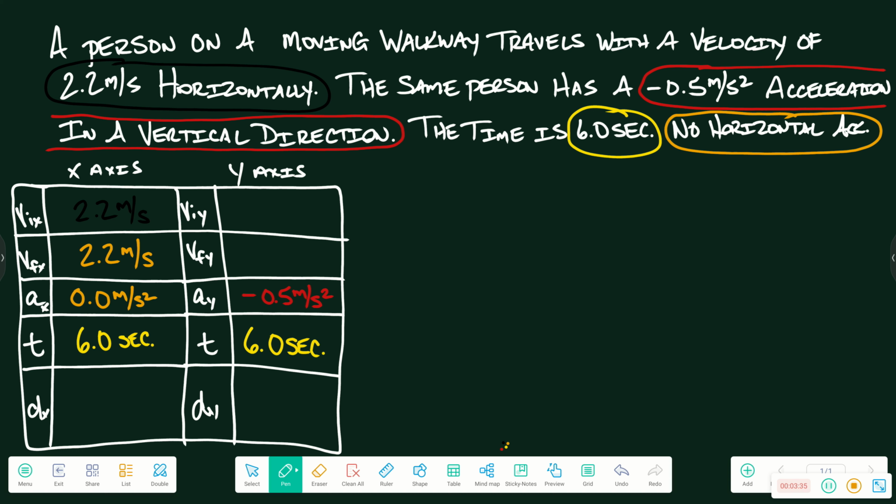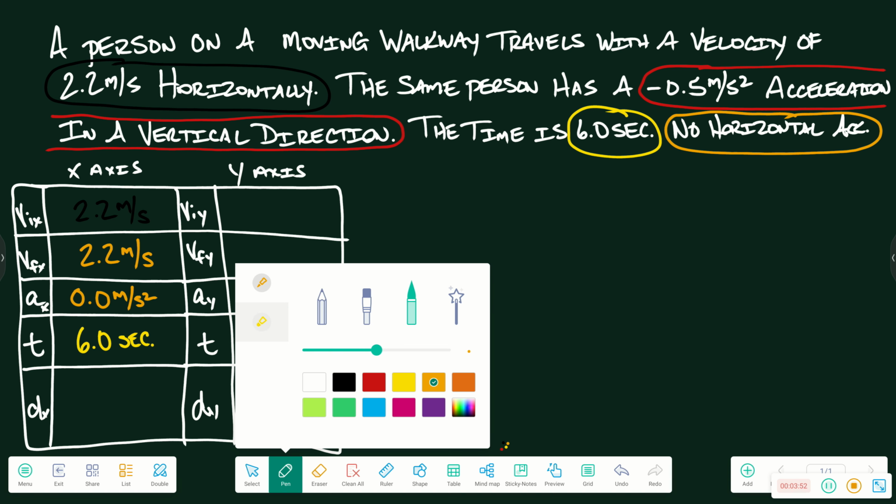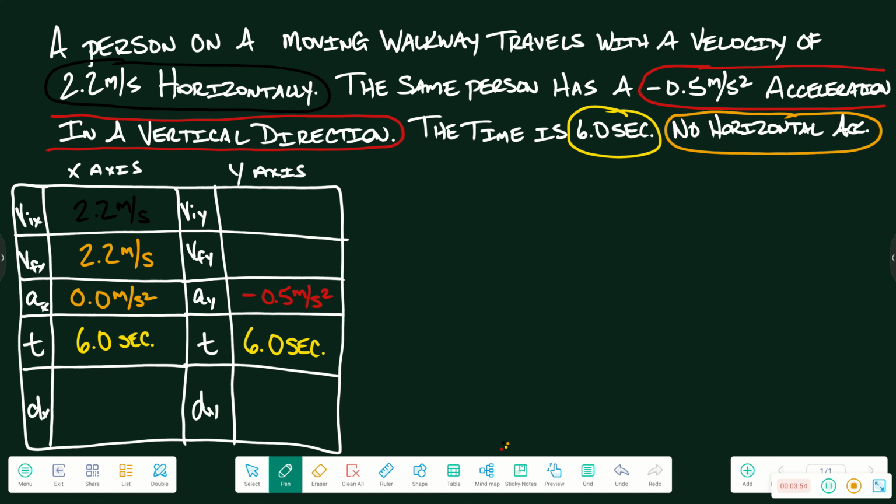A couple things as we start to do this. First things first, let's just do d of x. d of x equals vi times t plus 1/2 of at squared.